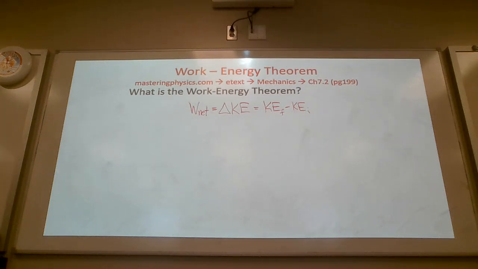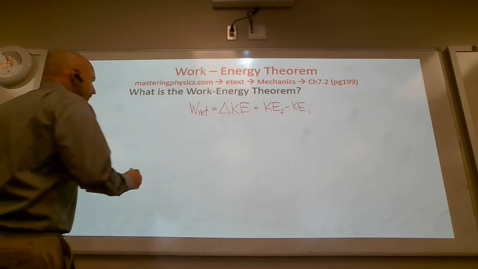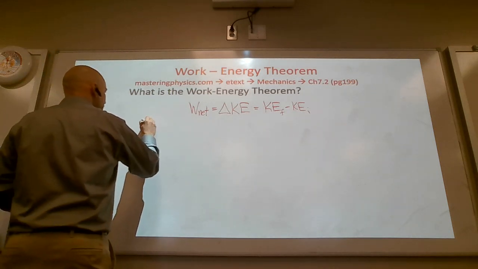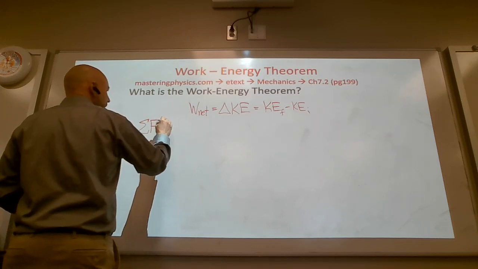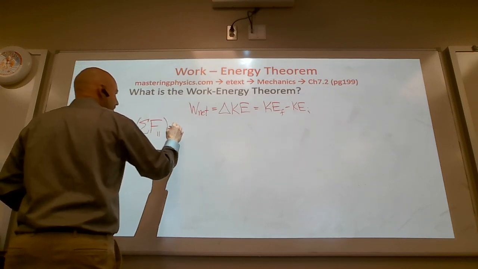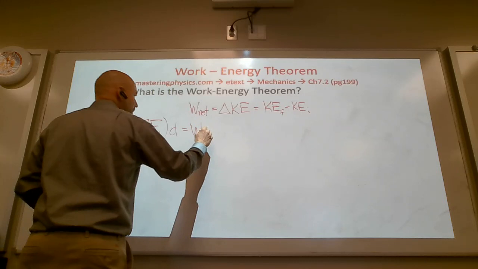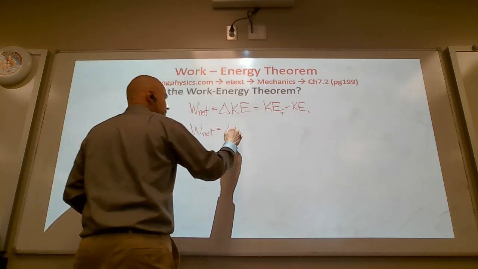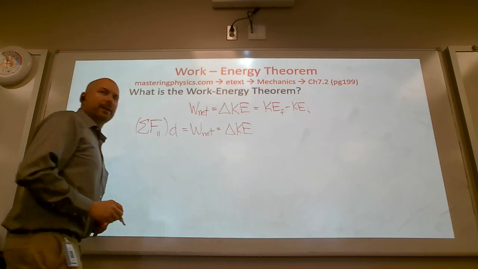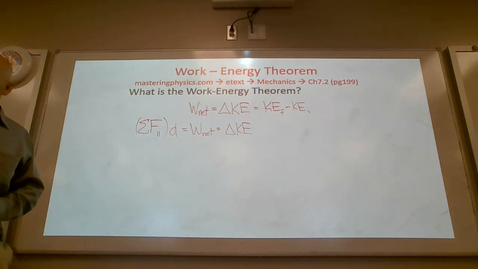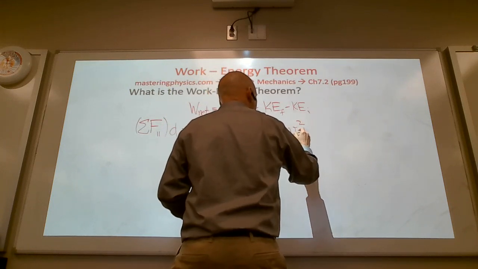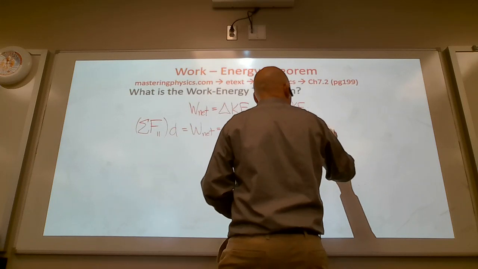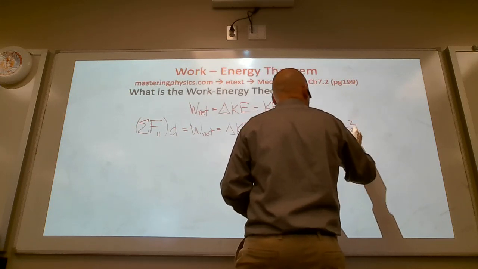If we were to unpack that fully, yesterday we talked about how the net force parallel to the direction of motion times distance is equal to the net work, which is equal to the change in kinetic energy, which is equal to 1/2 mass times speed squared final minus 1/2 mass times speed squared initial.